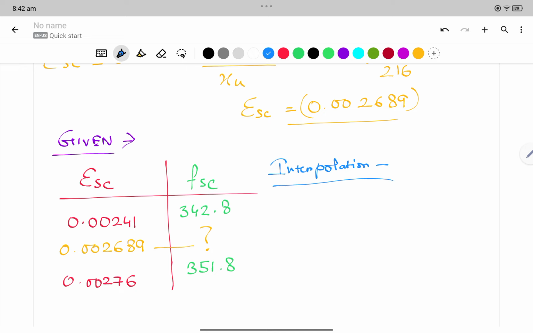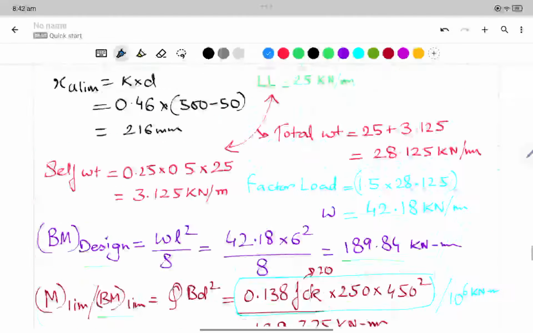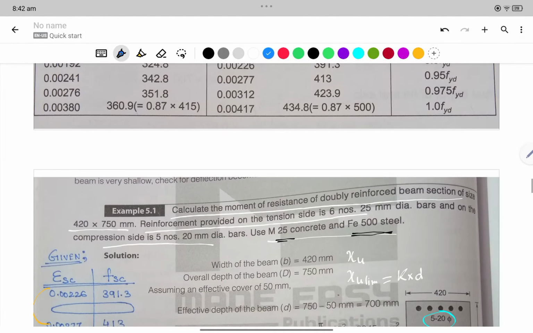So how we will do it? Let's see. We are calling it x. So x is equal to this value 342.8 plus, wait a minute, I will also check once.